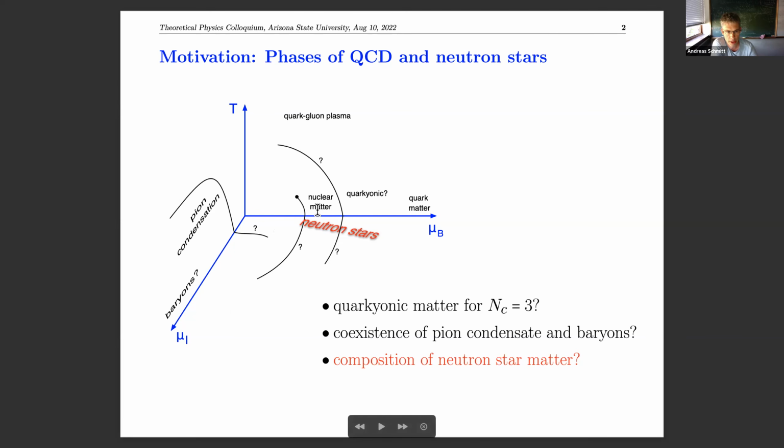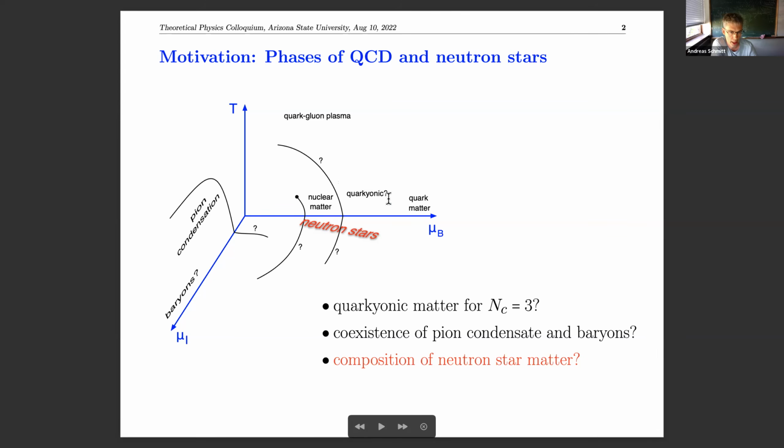For example, in the T-mu plane, most relevant for us is the dense matter part here. So we go from nuclear matter in some way to deconfined quark matter, which is weakly interacting for asymptotically large mu_B. But what's in between, we don't really know.